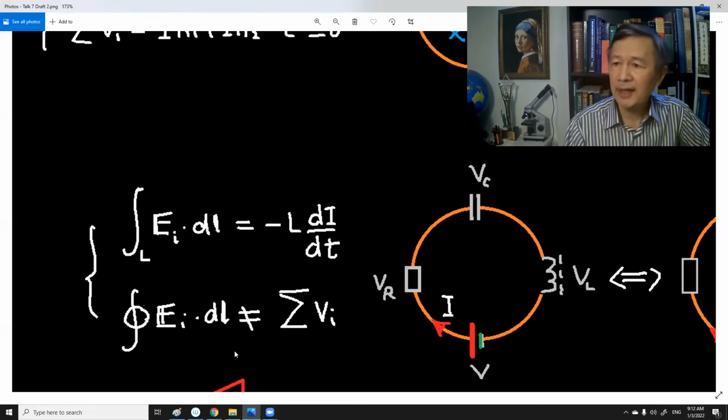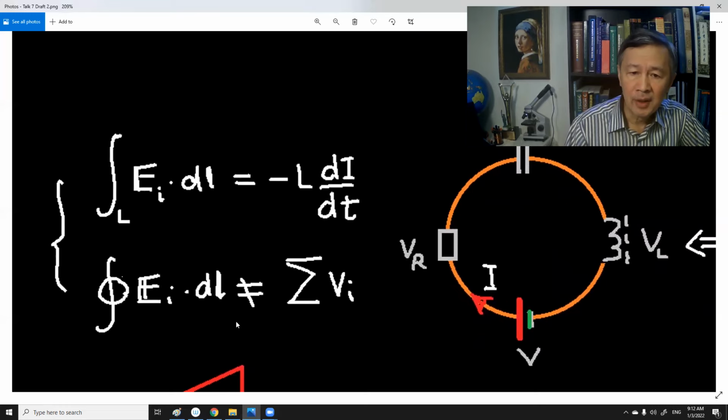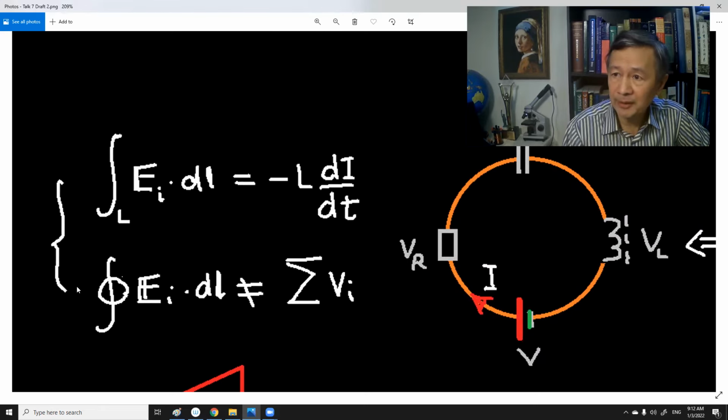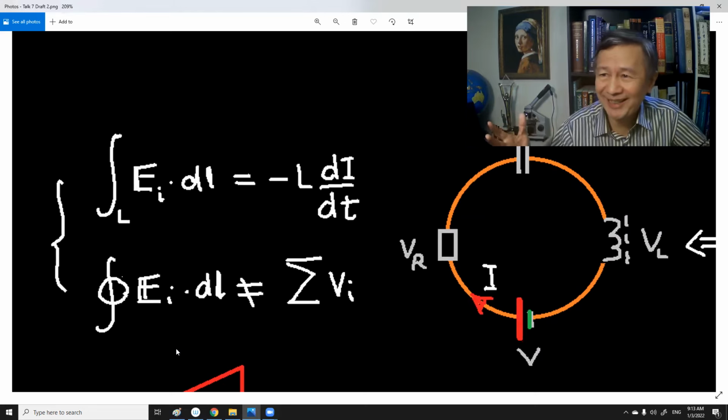In this case, we cannot assume that the integral, no matter whether you use a positive or negative sign, as Richard Feynman used, you cannot equalize these two parts, namely the sum of voltage drops in the loop you choose and the closed loop integral of the induced electric field. You cannot do that.